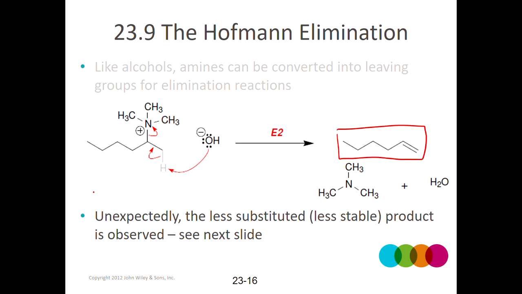And so the idea here is you're starting with an amine group and you're picking off a proton. You're basically making the amine into a decent leaving group and then using a base to pick off a proton. And this is not anything I've ever really seen done in the literature or by anyone I know who's done these reactions.